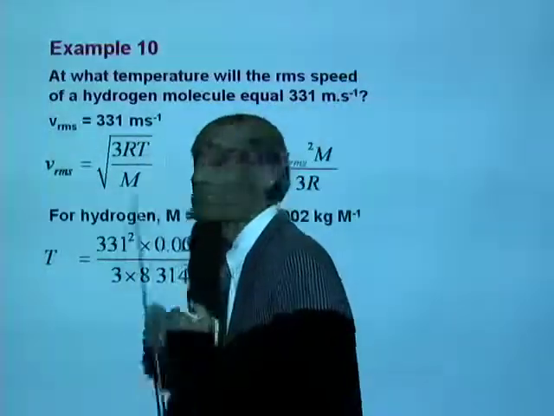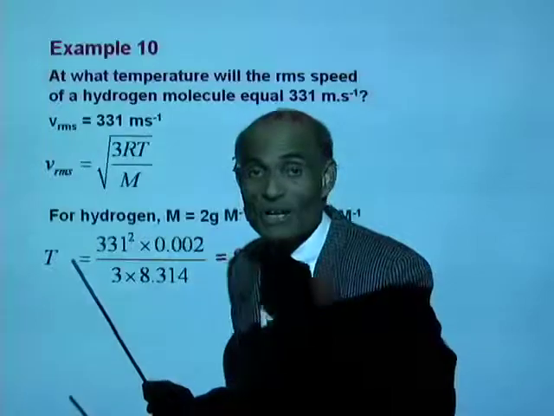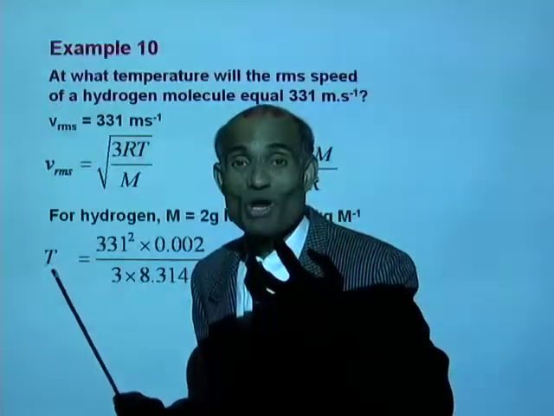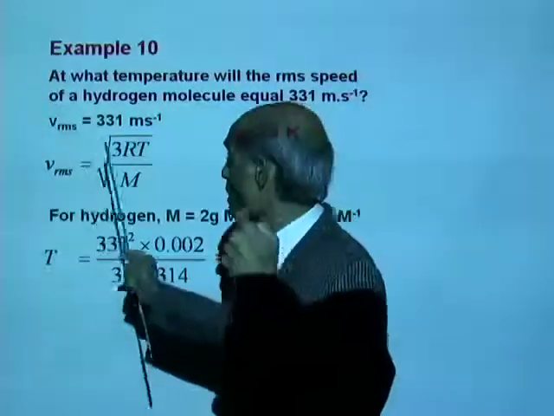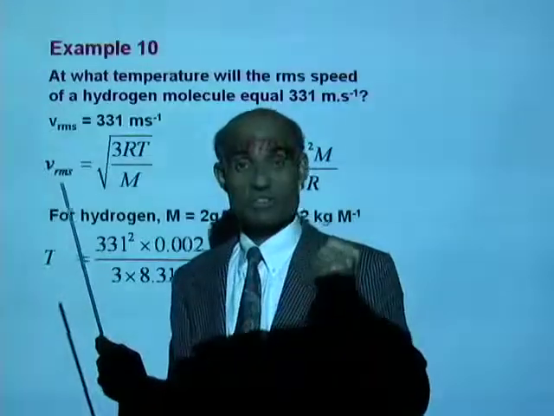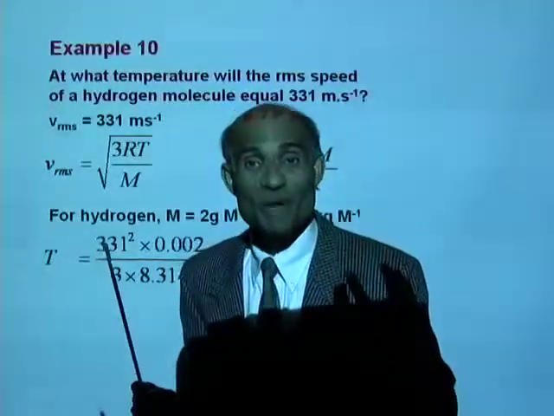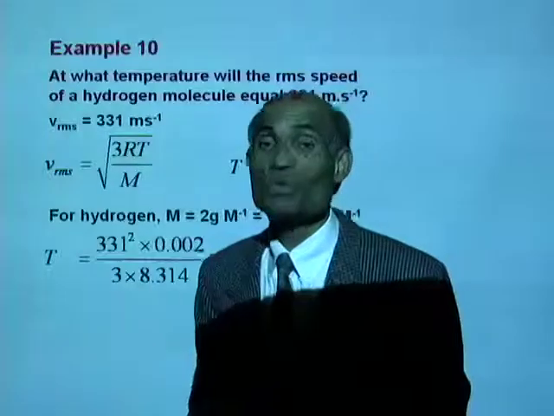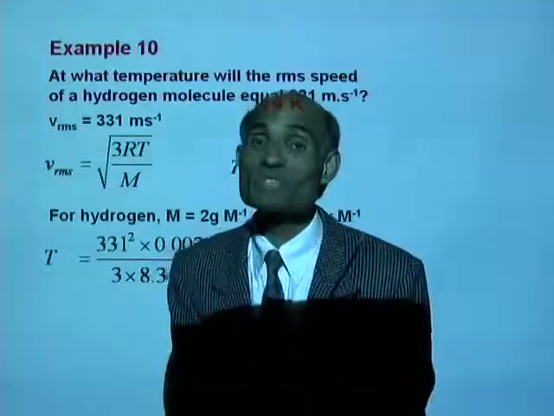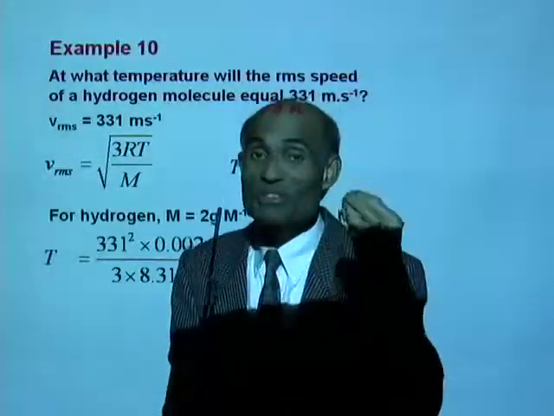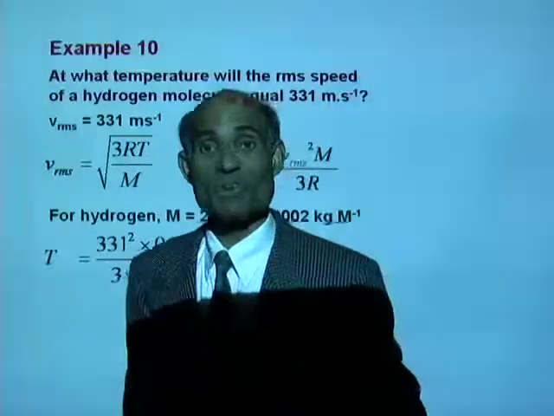When you test it, if you can measure the actual speed of molecules, and if the equation can stand that test, then our assumptions are right. But sometimes we may have to go back and revisit our assumptions and make changes to them. We will see as we go on.